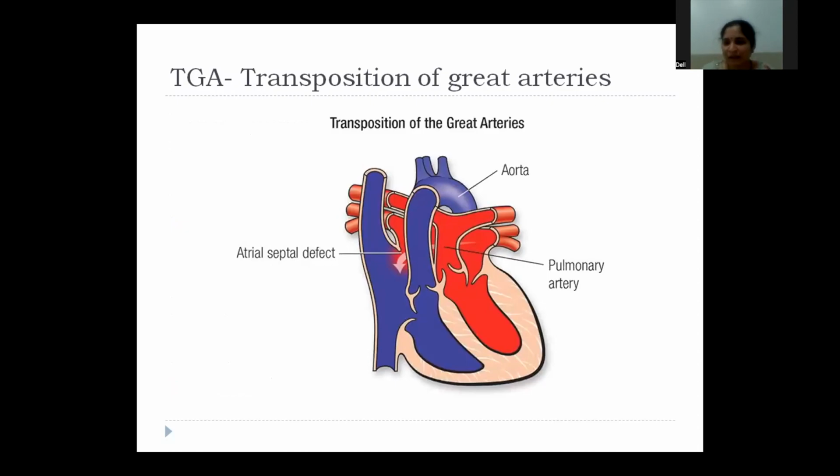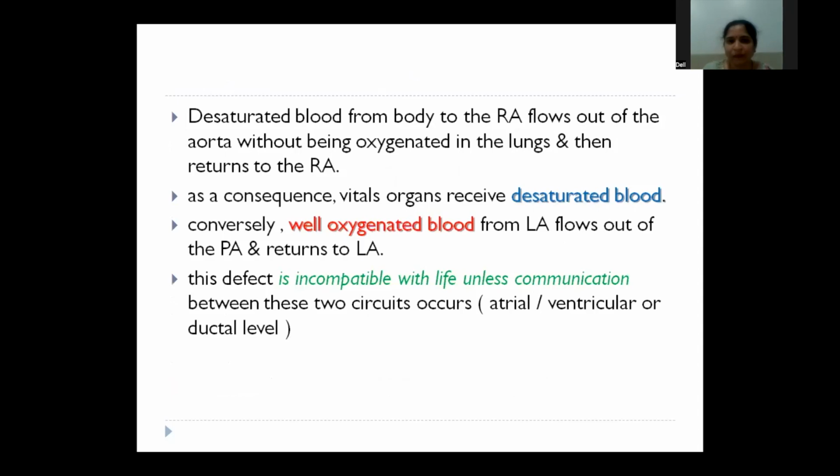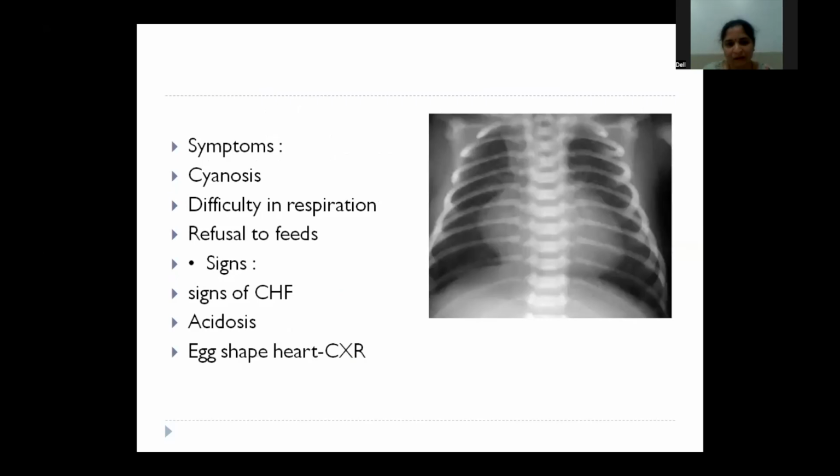To sustain life, there should be communication between these two circulations. Either they have ASD, VSD, or PDA. Transposition of great artery patients, we have to treat with complete correction or some palliation within the 4 weeks of life, otherwise they will succumb to death, and these patients generally don't come for non-cardiac surgeries.